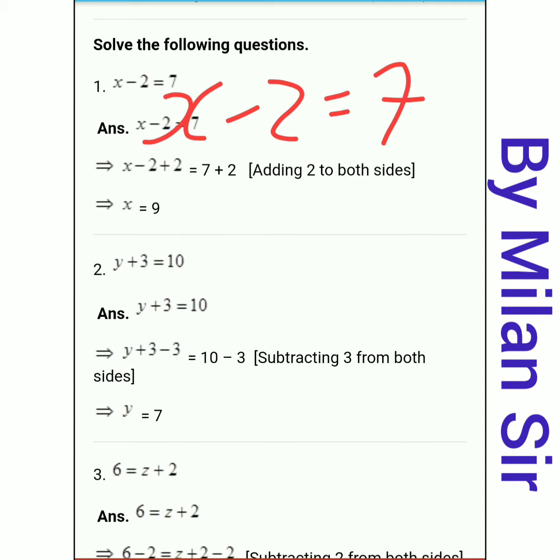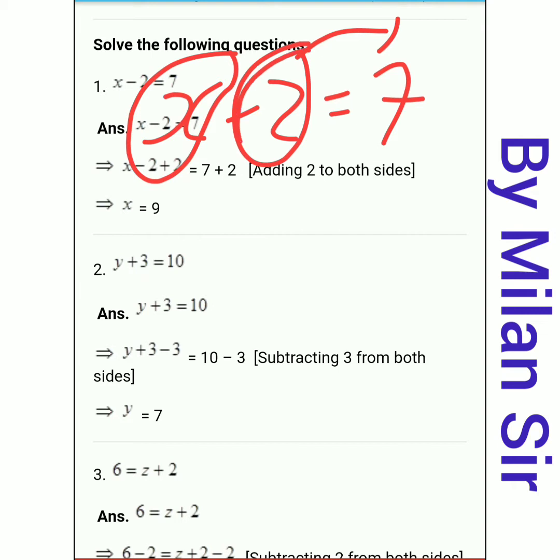This is a very simple question. Here we already have plus x, so we do not need to change x. Transfer this minus 2 to the right hand side because we want numbers on the other side. So here x, then the equality sign, 7 as it is.